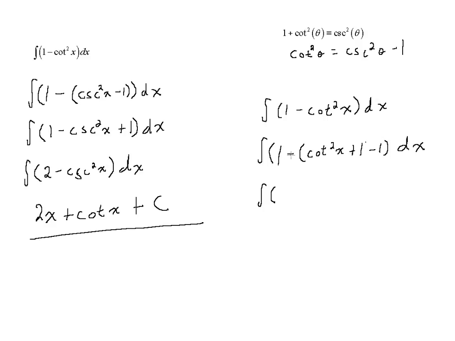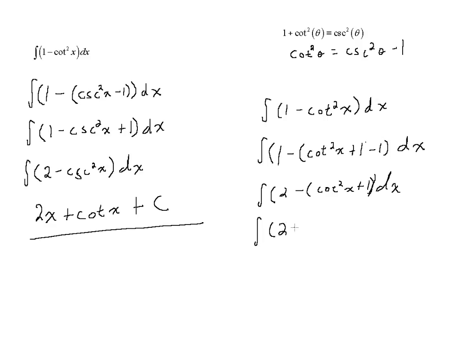So I'll have 1 plus 1 is 2, and then I'll have minus the cotangent squared of x plus 1 dx, and I need another parentheses there. Now I have cotangent squared of x plus 1, so I can use this identity as is and just put in the cosecant squared of x. So I have 2 minus the cosecant squared of x dx.